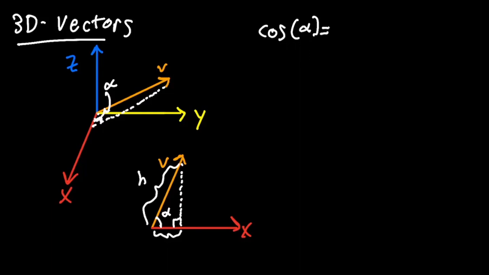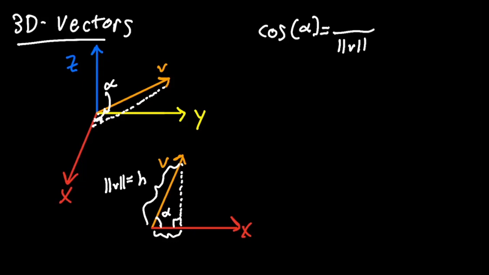So let's just call this h, or we could more specifically say the magnitude of v. So over hypotenuse, magnitude of v. And then the adjacent side is going to be how far in the x direction this vector spans, how far in the x direction this vector is moving.